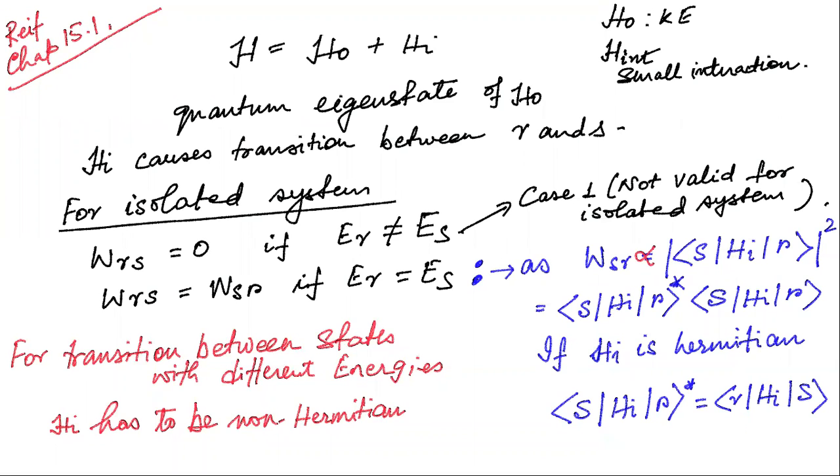It's from there that it comes. But for transition between different states with different energies, Hi necessarily has to be non-Hermitian, and only then you can go from one state to the other where the energy of the two states are not the same, right? This will be taught during transition probability in some quantum mechanics course, or something like that.